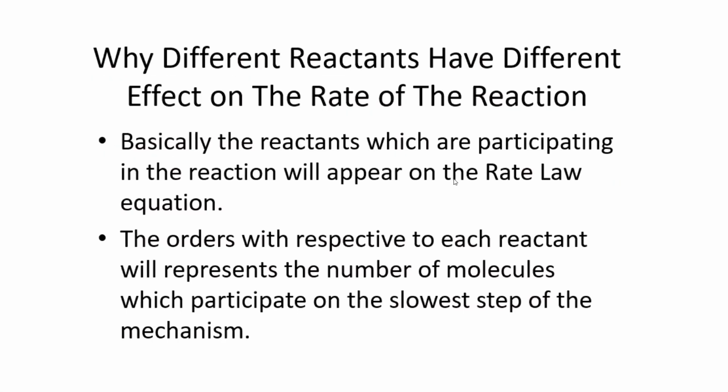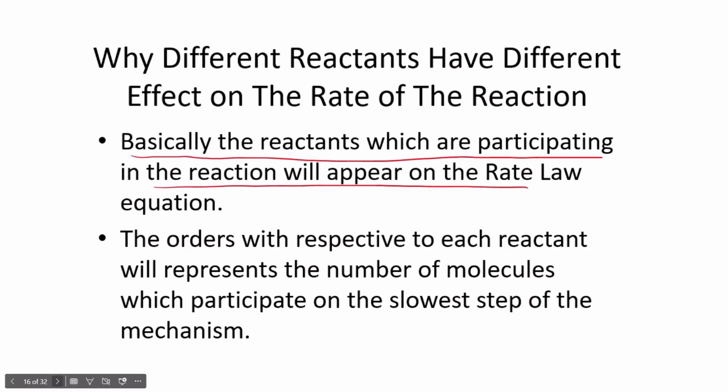Now we have to understand how the mechanism and the rate law link with each other. Without knowing that, it will be difficult to answer this question. You can answer it, but it's better to know the basic concept behind these questions. First, the reactants which participate in the reaction will appear in the rate law equation.